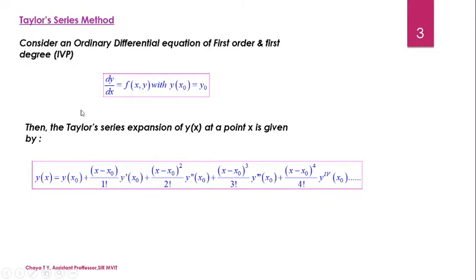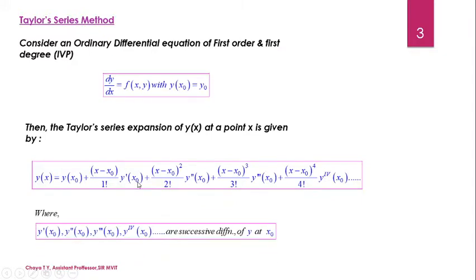Then we substitute x as x naught, y as y naught, the initial values, and simplify. We get the required values of the derivative terms at the initial conditions, which will be substituted into the series expansion. Then simplify, and we arrive at the approximate solution of the given ordinary differential equation at some point x.